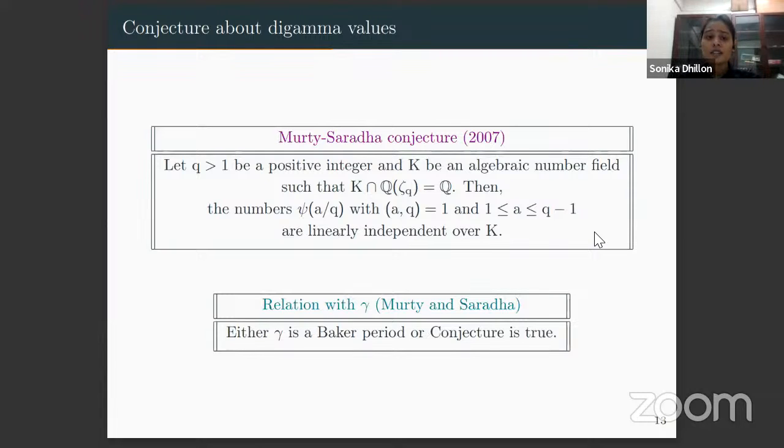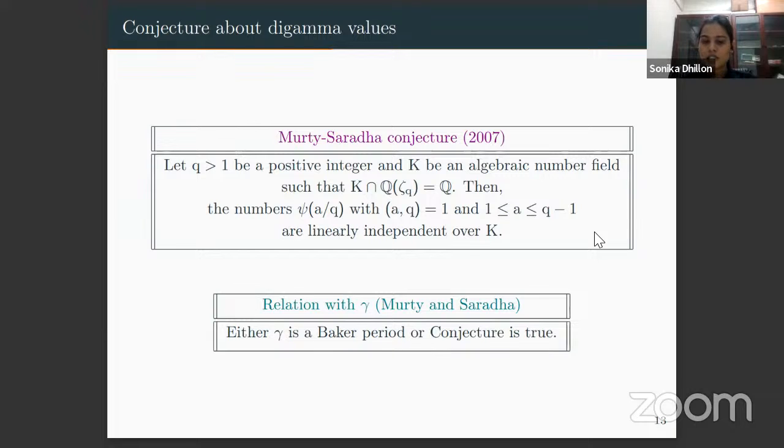So in that case, when we are talking about only psi of a by q, they conjecture that these numbers are linearly independent over the field K. And one beautiful observation about this conjecture is that if it is false, then gamma will be a Baker period. Baker period means gamma can be written as a log linear combination of algebraic numbers. And since gamma is non-zero, by Baker's theorem it has to be transcendental in nature.